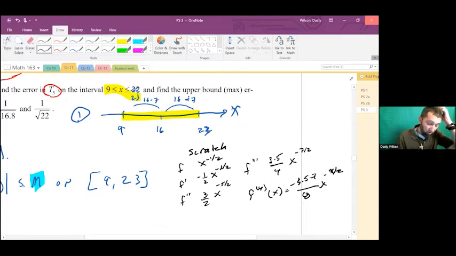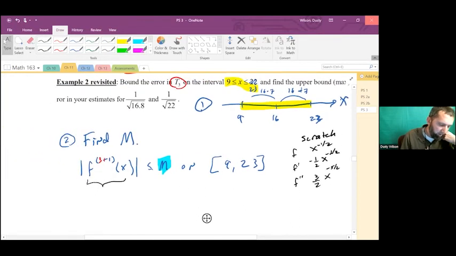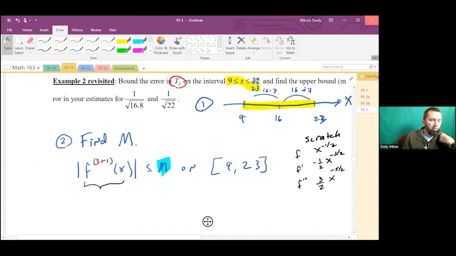Okay, so we know that the fourth derivative of f is going to be negative 3 times 5 times 7 x to the negative 9/2 over 8.